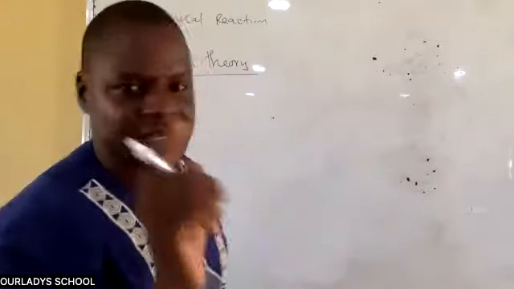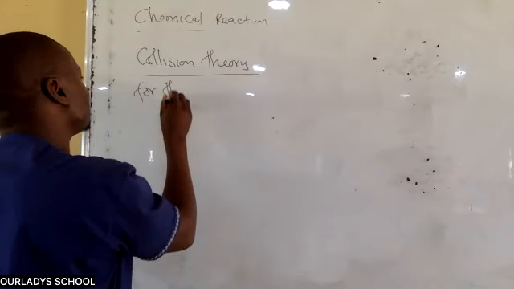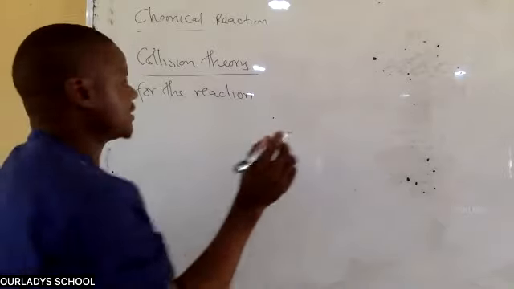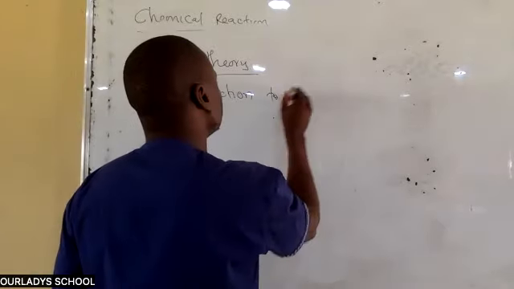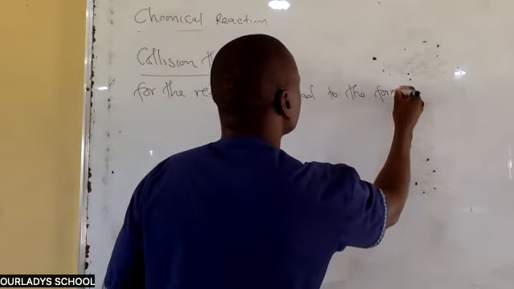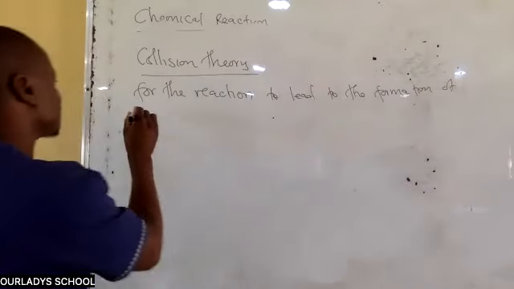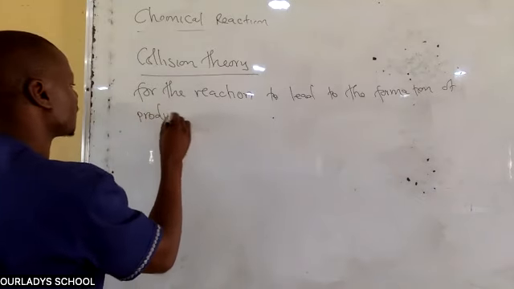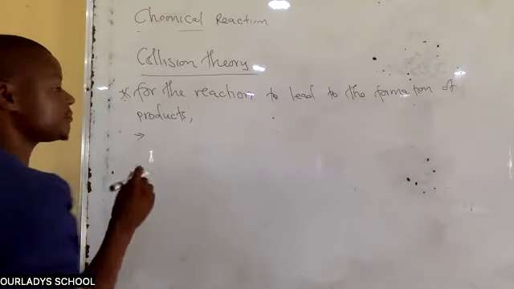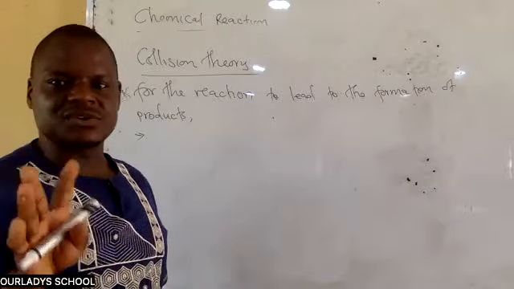Assumption number 1, let me give you a general statement. For a chemical reaction to lead to the formation of products, meaning for there to be a successful chemical reaction, these 3 assumptions should be there.